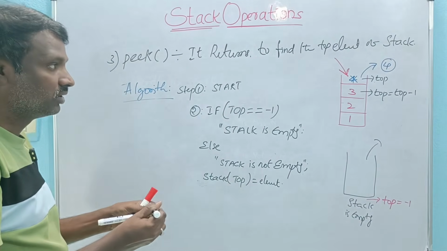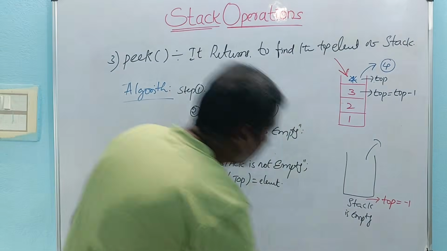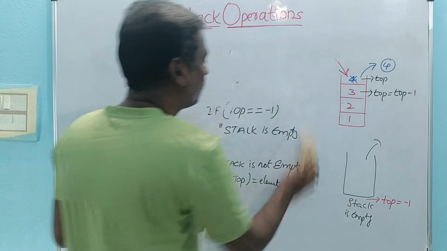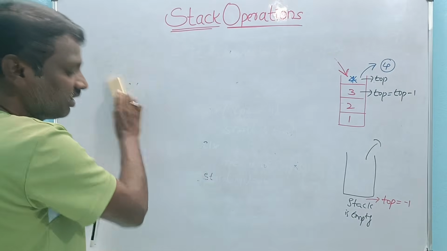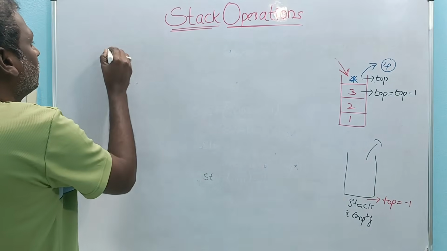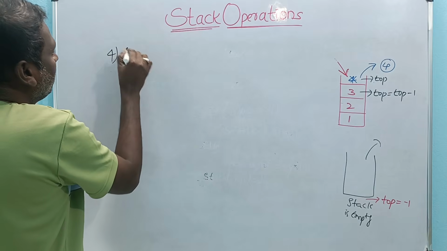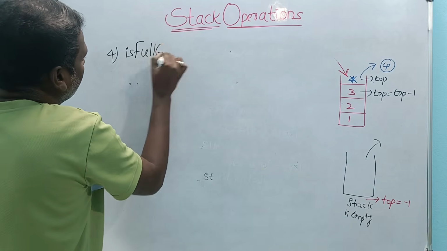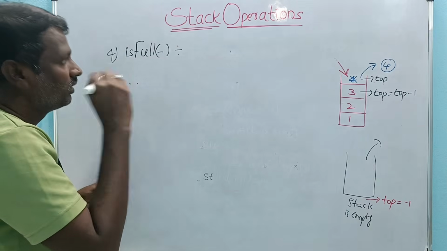And the next operation we are performing, what is that next operation? Next one is the fourth operation. Operation 4 is isFull. What happens?